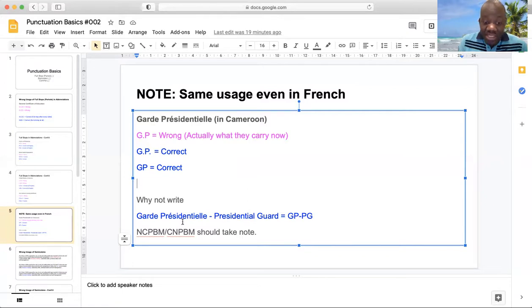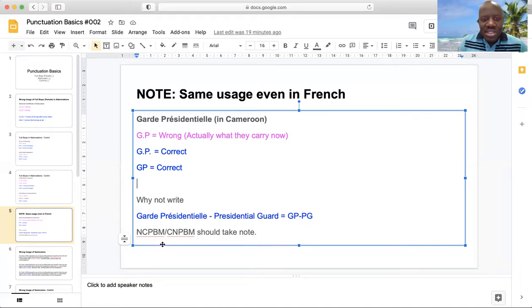Since it is called garde présidentielle, presidential guard, the initials that should be carved on their uniform should normally be GP, and PG, which stands for Presidential Guard. So in that case, it will either be G dot P dot, and then also P dot G dot, or this way, and I prefer it this way.